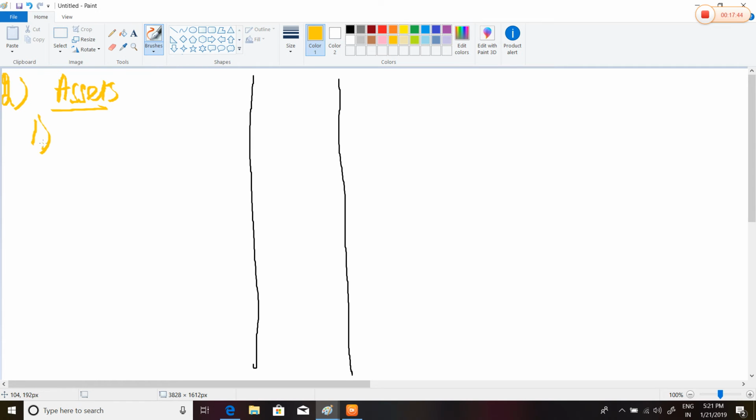Firstly, here comes, sorry, not fixed assets, non-current assets.